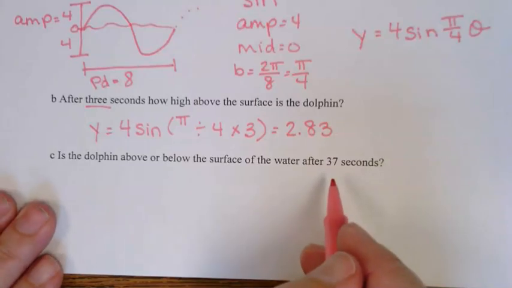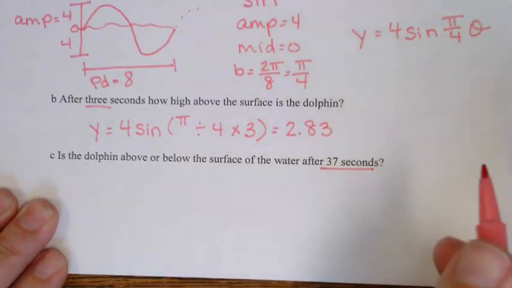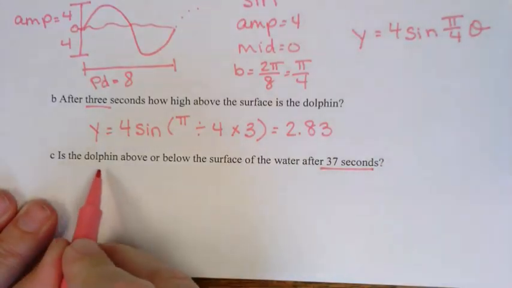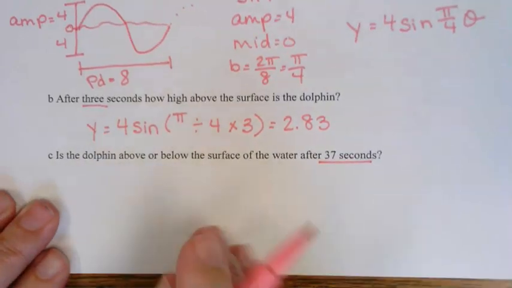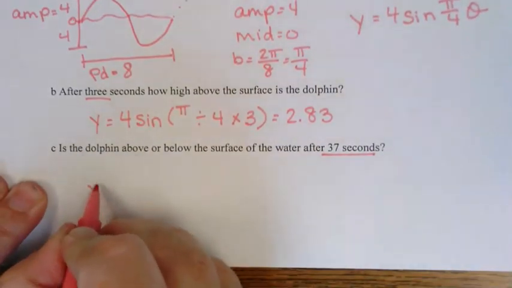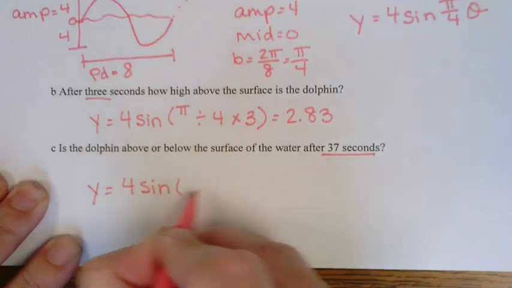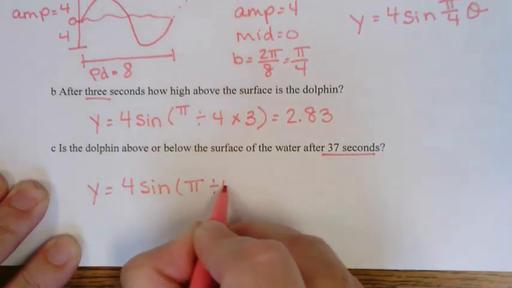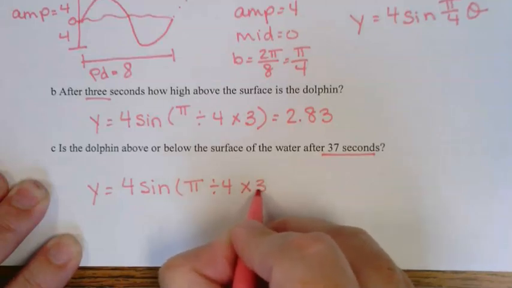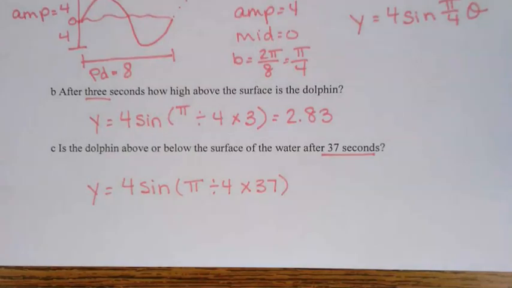Okay. Here we're going to let 37 seconds be our time. And the question is, is the dolphin above or below the surface? So let's first just plug this in. 4 sine pi divided by 4 times 37.